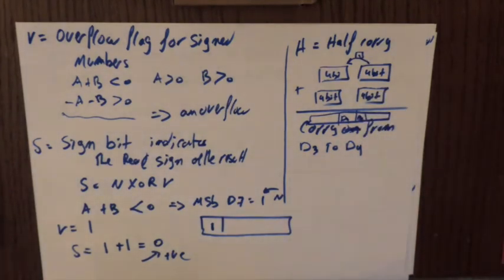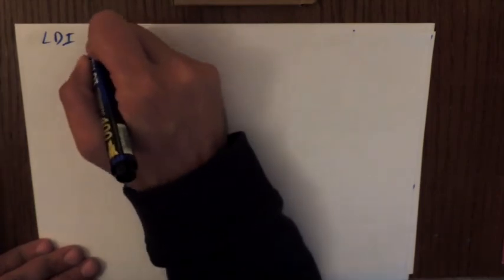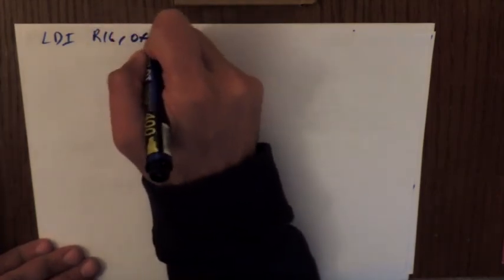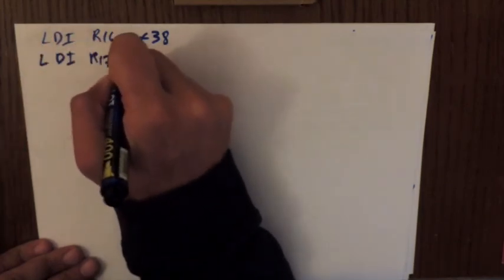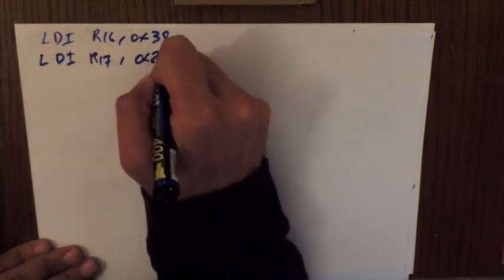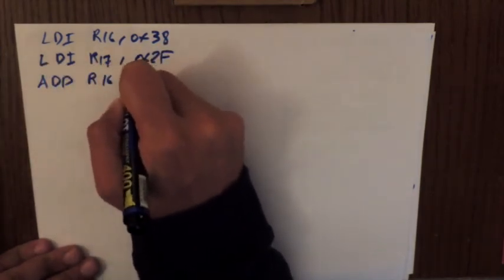Okay, so now I'm gonna do some short exercises about calculating those flags. Let's say I have this program: LDI R16, 0x38, LDI R17, 0x2f, add R16 to R17.